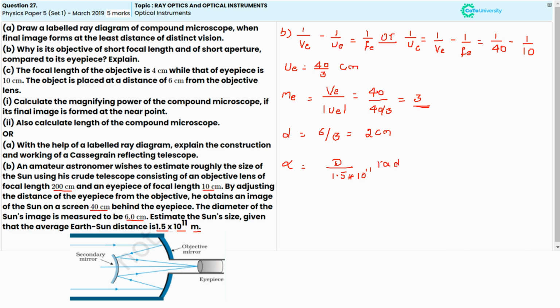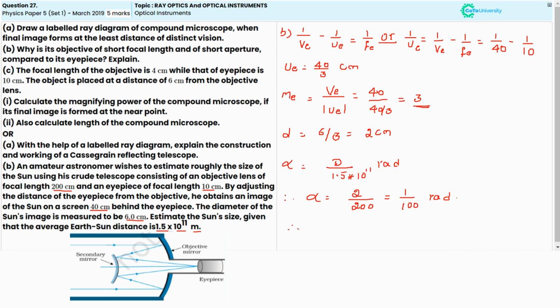Then the angle subtended by the image at the objective is equal to the angle subtended by the sun. Therefore, alpha is equal to size of the image divided by f naught, that is equal to 2 by 200, which is equal to 1 by 100 radians.